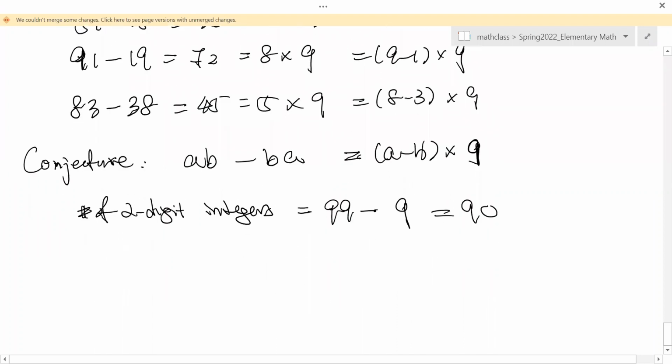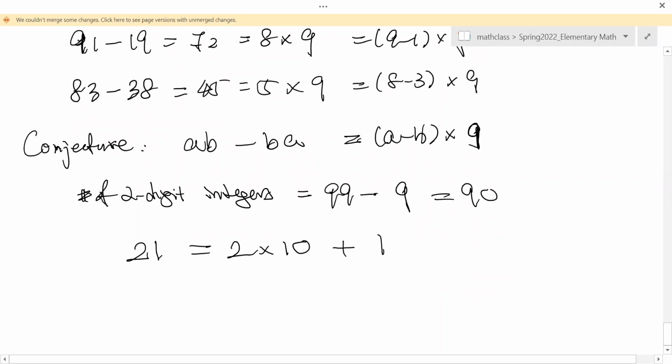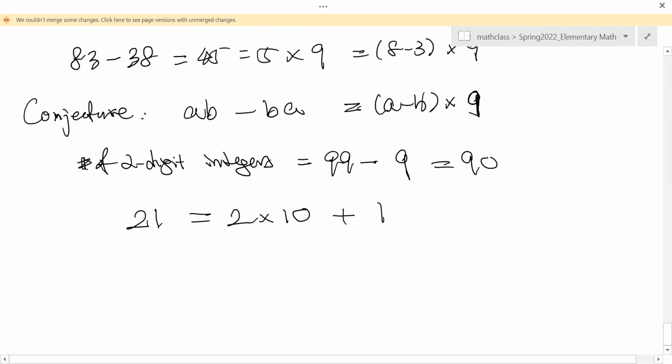So 21 is 2 times 10 plus 1, and 32 is 3 times 10 plus 2.